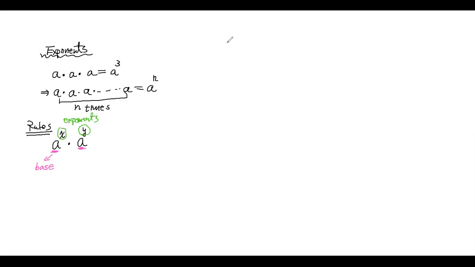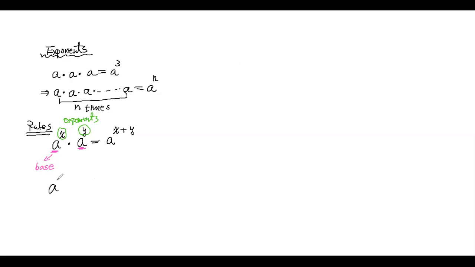If you multiply 2 numbers that have the same base, you just add the exponents. Of course, the key thing is you have to have the same base.